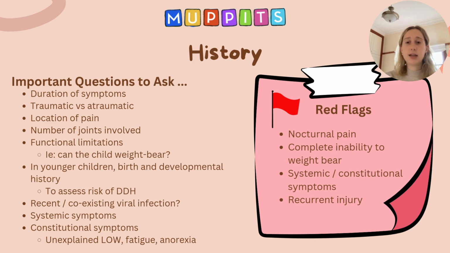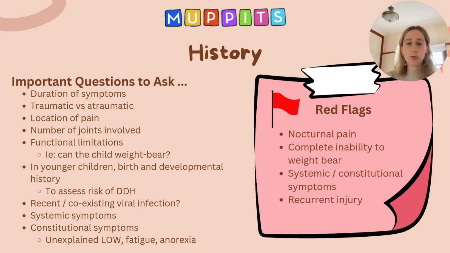Then assessing, is it traumatic or atraumatic, which can help break down the causes, the location of the pain, and thinking about, is this referred pain as well? Because a lot of pain that's described as in the hip could be referred from the knee, for example. Then thinking about the number of joints involved, and if there's multiple joints, this might point more so towards a rheumatological condition. Then functional limitations. So can the child weight bear?